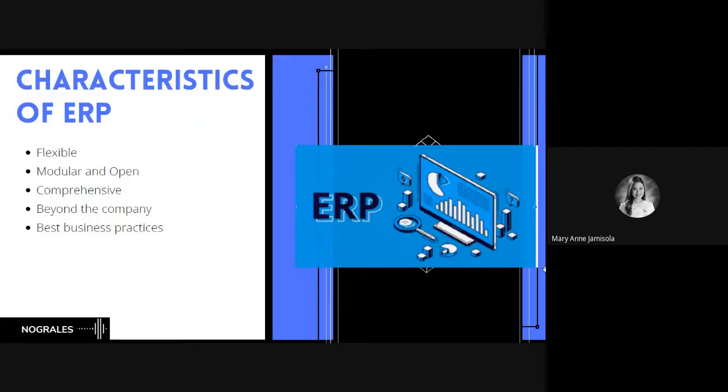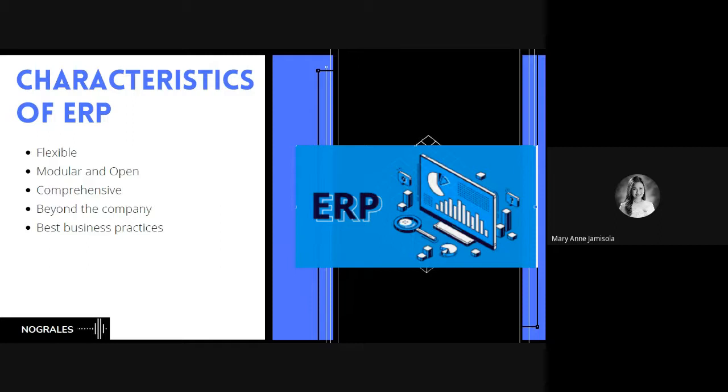Okay. So what are the characteristics of ERP? ERP is flexible. An ERP system is flexible enough to respond fast to the changing needs of the organization. It is modular and open. An ERP system has an open architecture, that is, any module can be interfaced or detached without affecting the use of the rest of the modules.